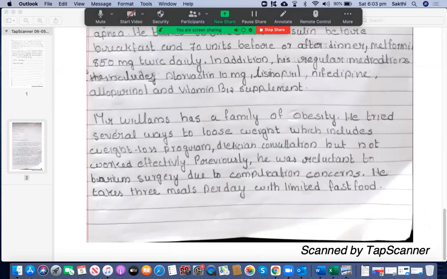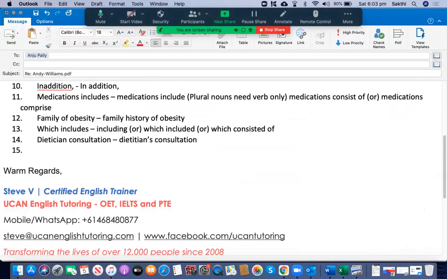"But not worked effectively." There's a spelling mistake here as well, and the whole sentence is not correct. You didn't write E after V. You have written it without the E. That's wrong, it needs E. Look at this one, it changes: "But they didn't work effectively."